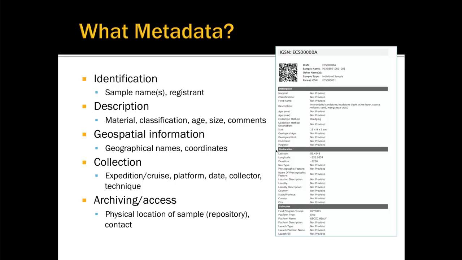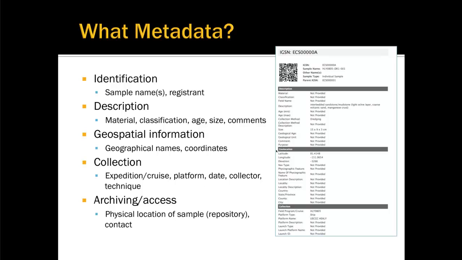There is descriptive metadata that gives information about the material. The material can then be classified, such as basalt or igneous rock, or mineral species, biological species, and so on. Age, size of the sample, any further description or comments that you want to keep within this metadata record. Then clearly, and most importantly, geospatial information about the site of the collection.